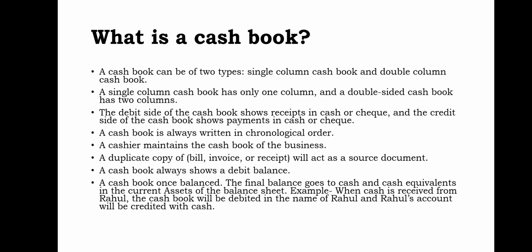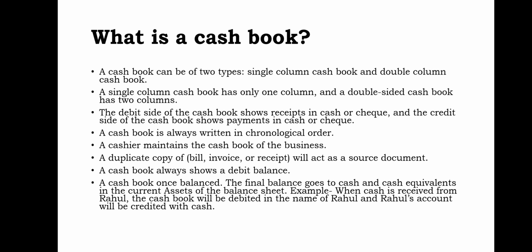As we know, in a balance sheet we have two heads on the asset side, one is current assets, one is non-current assets. So we will choose current assets and put the balance of the cash book, or the cash balance, in the heading of cash and cash equivalent in the current assets.